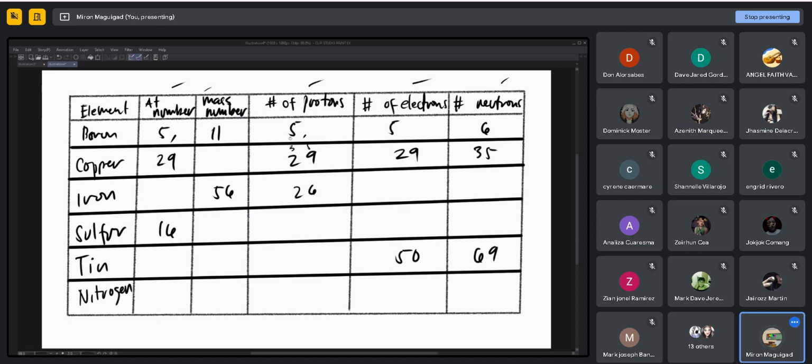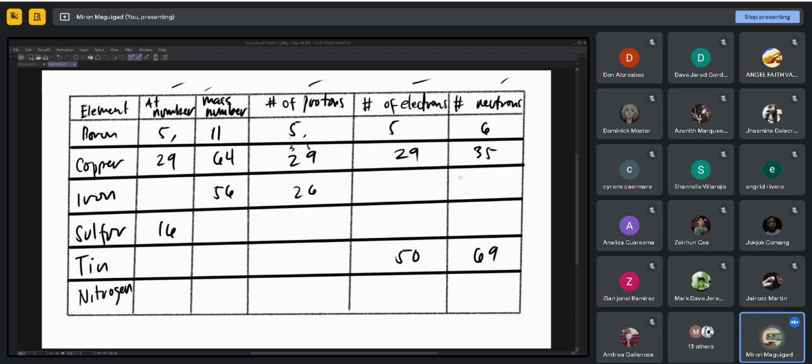Tama po ba? Okay, maraming salamat po sa mga sumasagot. So, sana nasusundan po natin yung discussion, tsaka yung natututo po tayo. So, ngayon, magbibigay ako ng 5 elements.